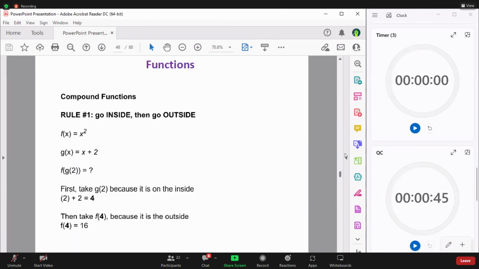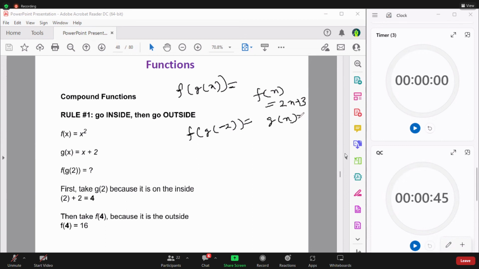Also, there might be a function within a function. You might receive a question as f of g of x, and you are asked the answer of, let's say, f of g of -2, where f of x is given as 2x plus 3 and g of x is given as, let's take, x plus 2.